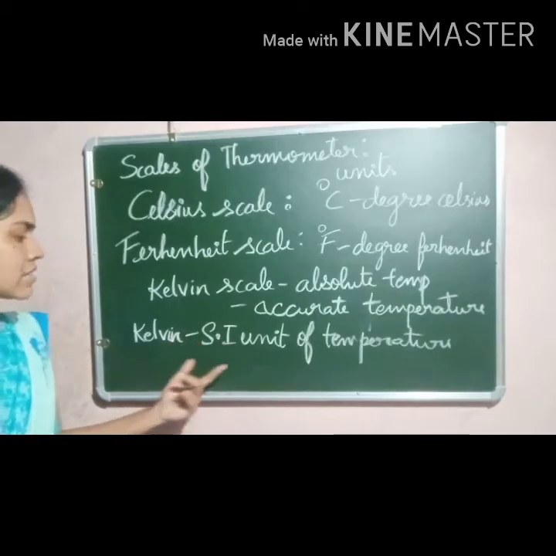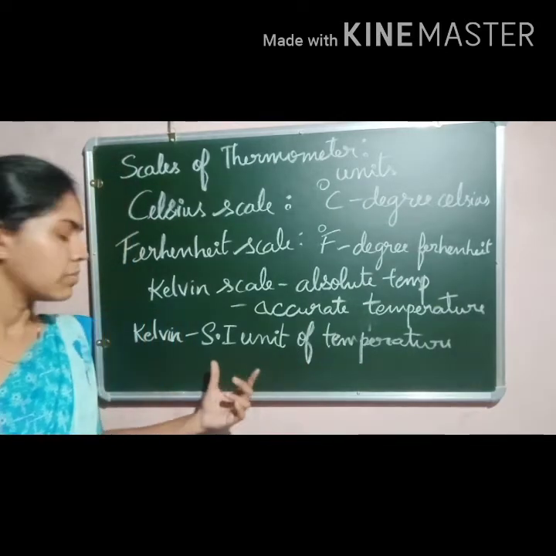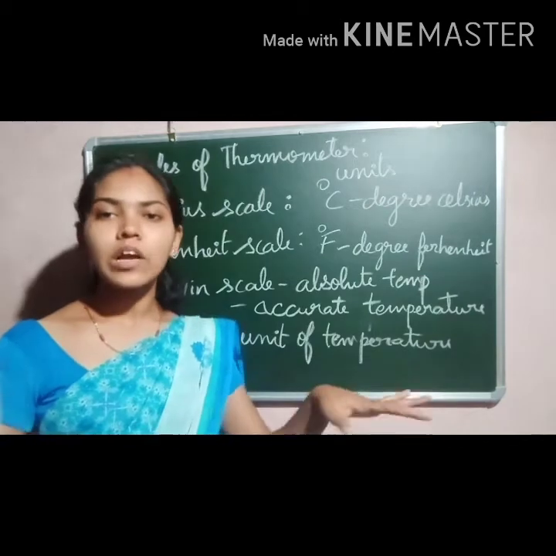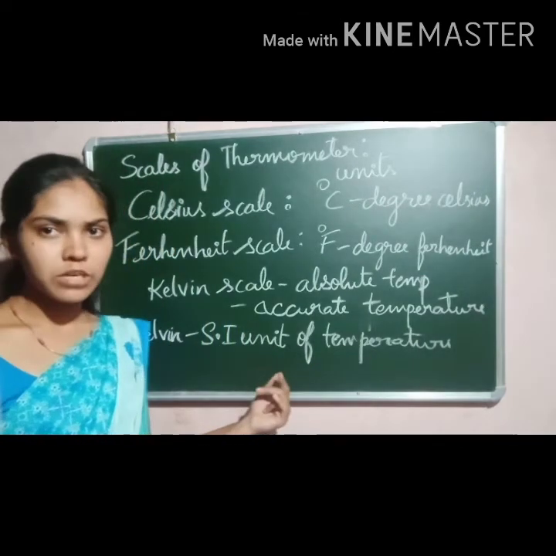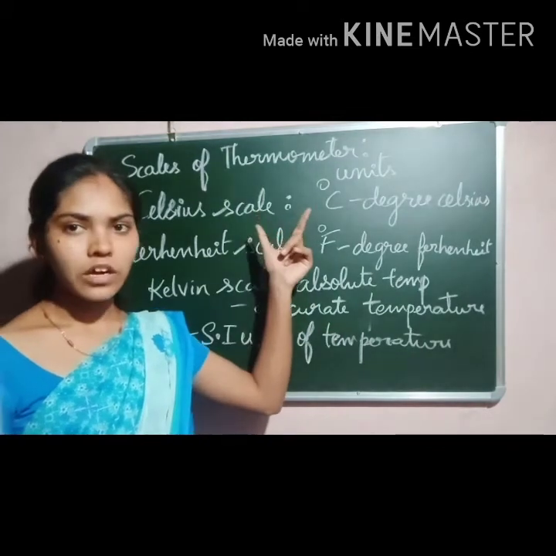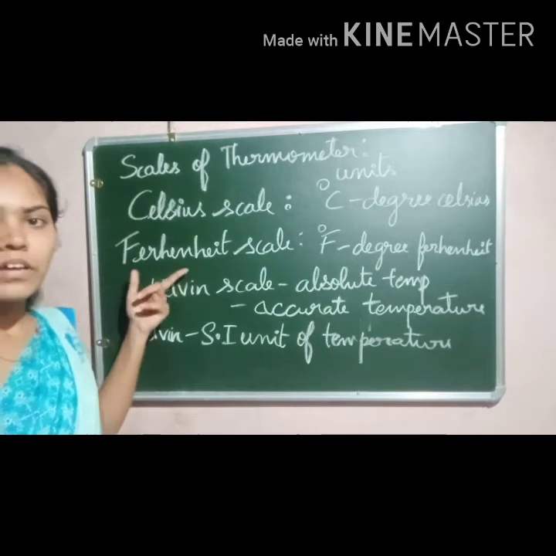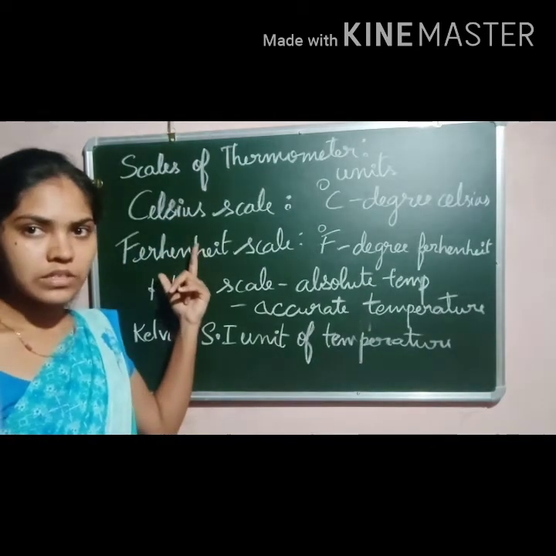Kelvin is the SI unit of temperature, meaning throughout the world this is the standard unit of measurement of temperature. Got it? Now let us discuss one by one the Celsius scale and Fahrenheit scale and the relationship between these two.